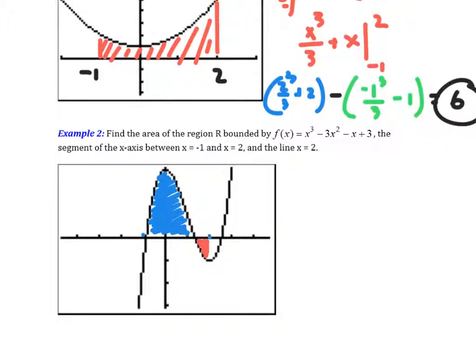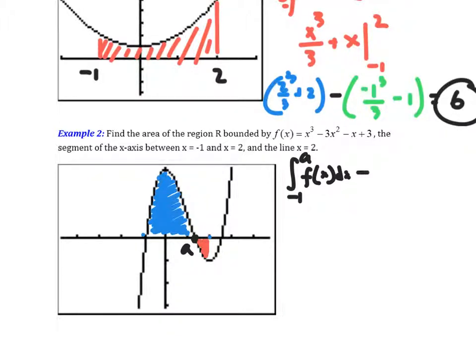Okay, so a couple different ways you can do this. You could do the integral from -1 to a, where this point right here is a, of f of x dx.